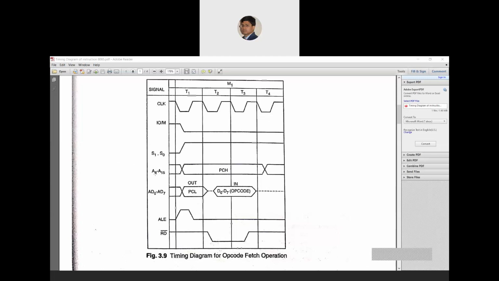A8 to A15 is your higher order address bus, and it will contain the value of the program counter, PCH, meaning higher order. So just to remember, whenever we are entering any address in our program, right?